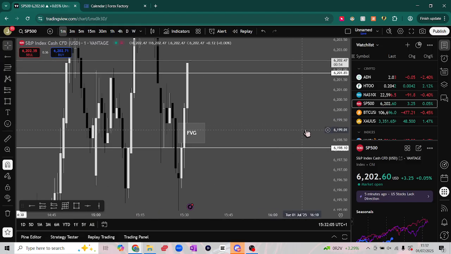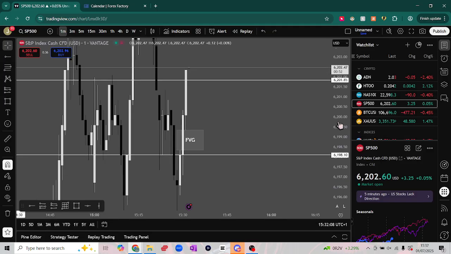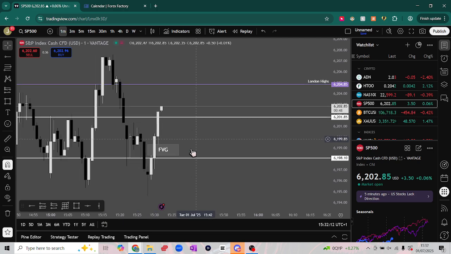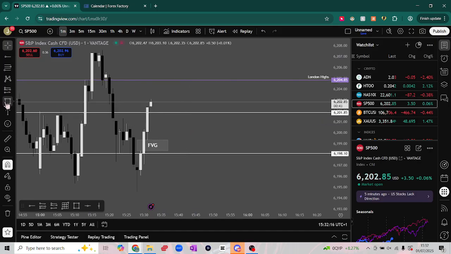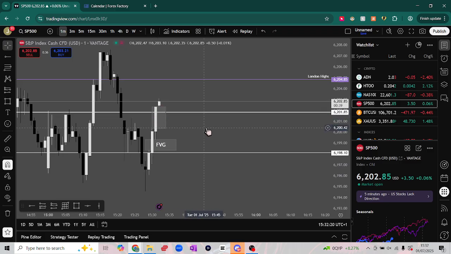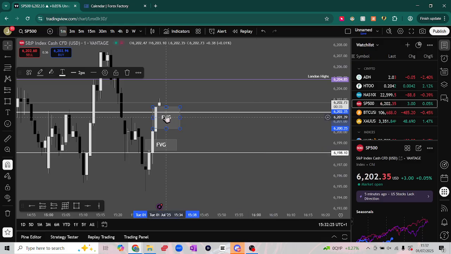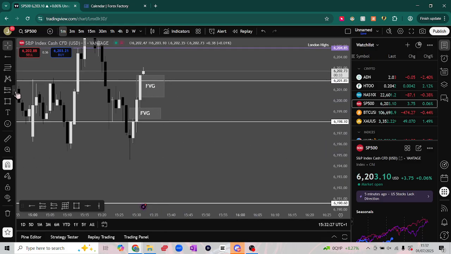So we've got a fair value gap here. It would be nice if we came back down to hit that. I mean, it doesn't have to be this one. One could form here too. So maybe this will form into one. So, like I said, the stop loss is going to go underneath these lows.